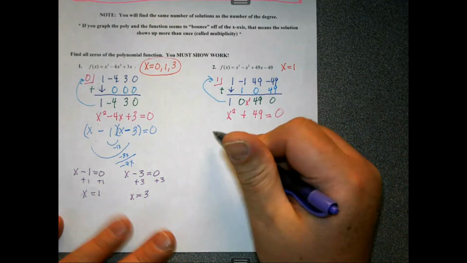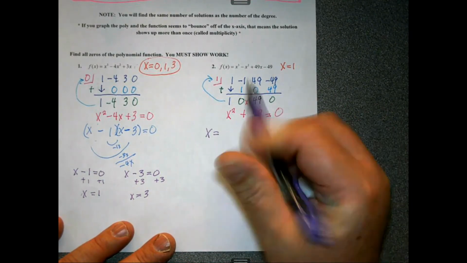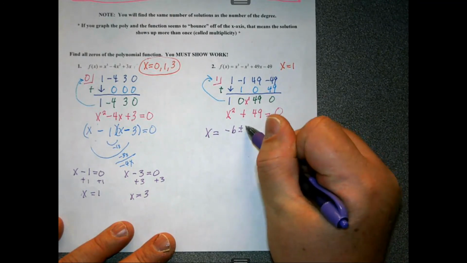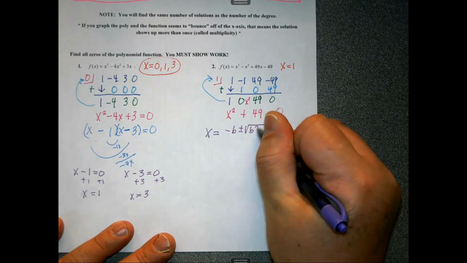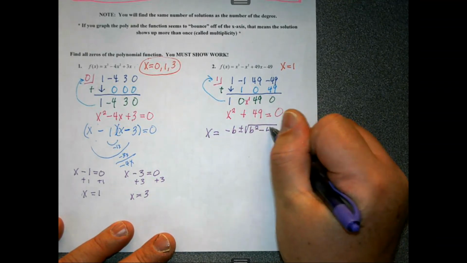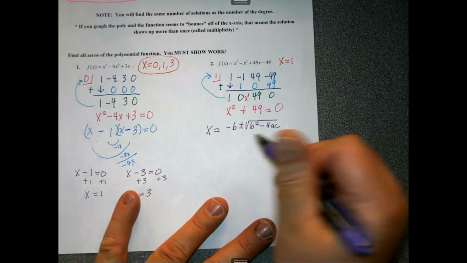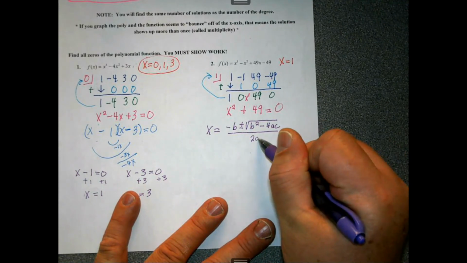Quadratic formula, right? x equals negative b plus or minus square root of b squared minus 4ac all over 2a.